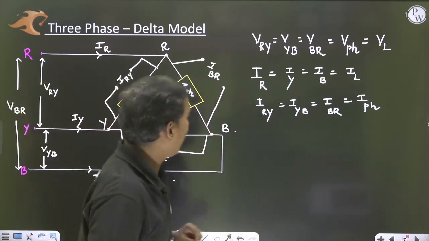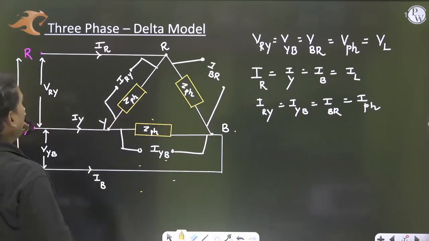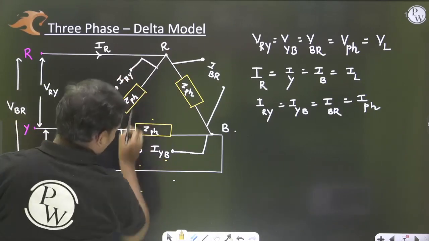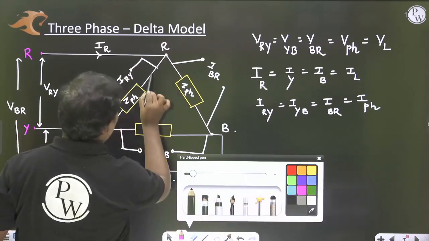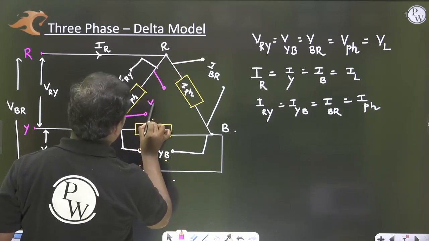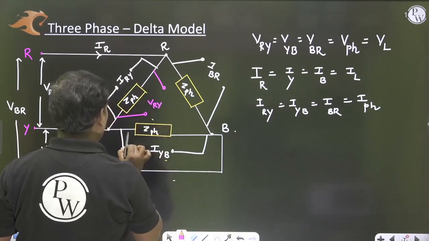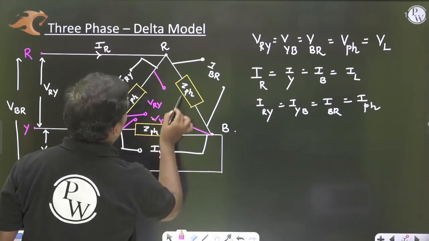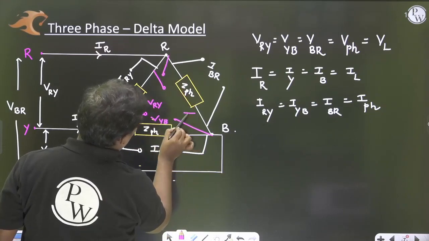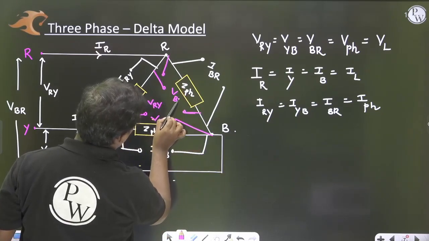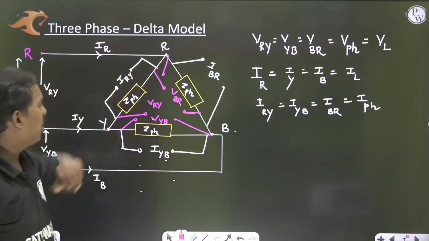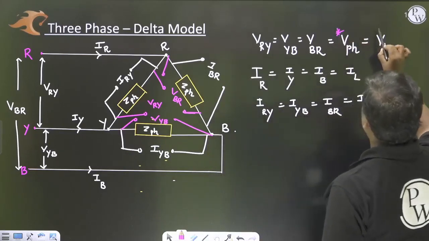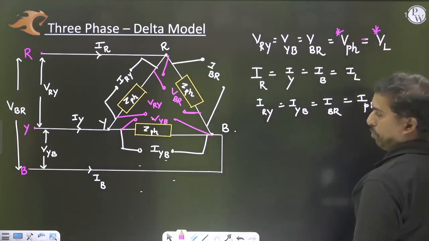What is equal is the voltage: the line voltage between R and Y is VRY, and the voltage across this impedance, the phase voltage, is also VRY. Similarly VYB and VBR are phase voltages, and the phase voltage and line voltage are the same.